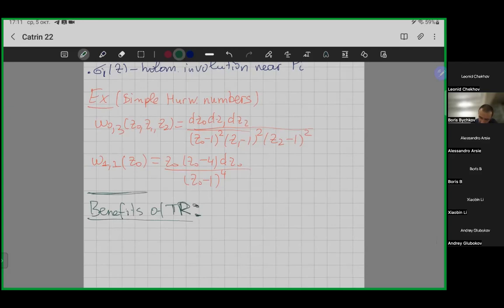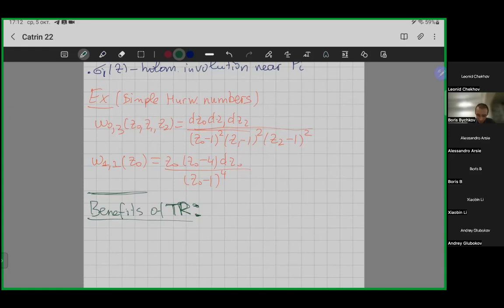It is important that we have rational expressions and poles only at the points P_i, which in this situation is z equal to 1.